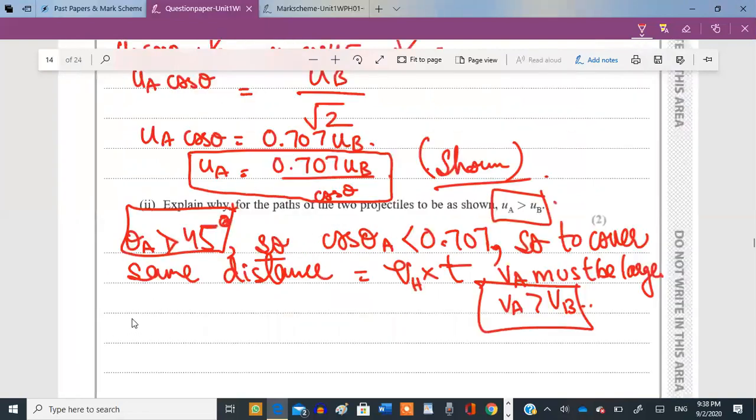I think that's a much better answer, that range is max at 45.